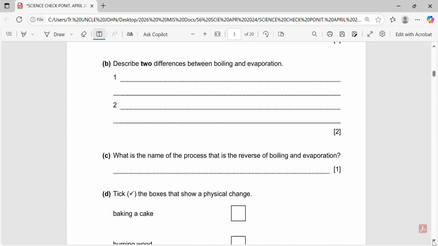B, let's read it together. Describe 2 differences between boiling and evaporation.